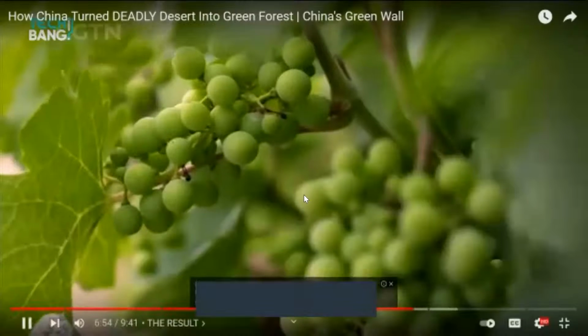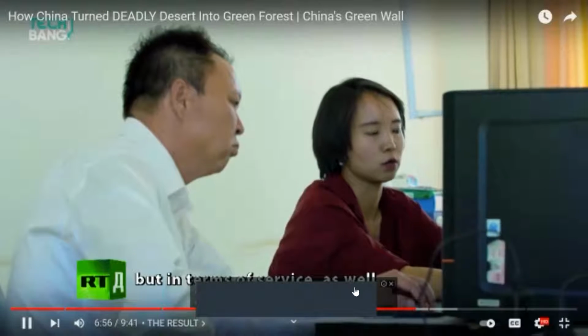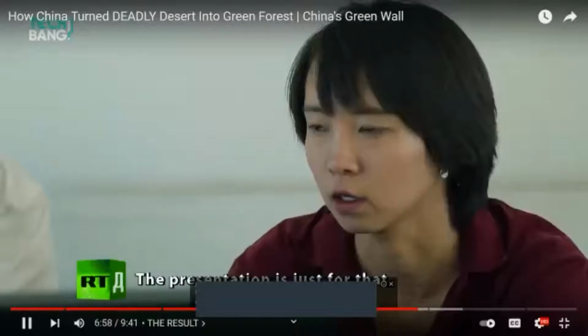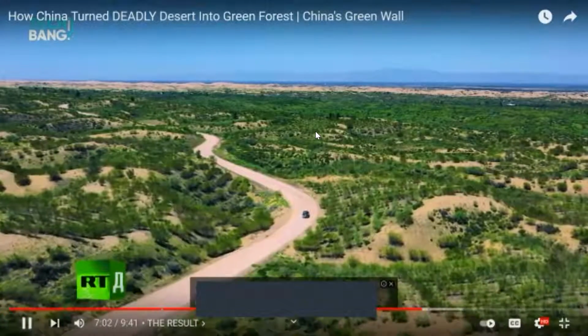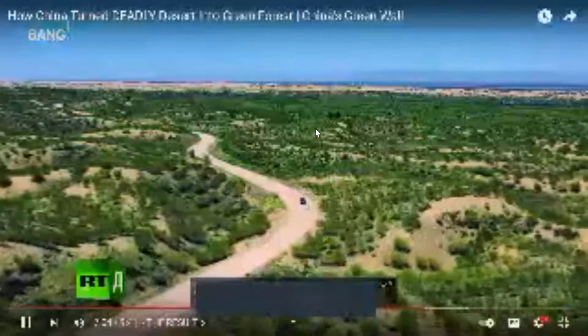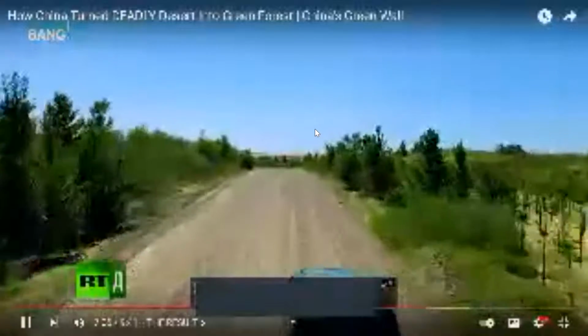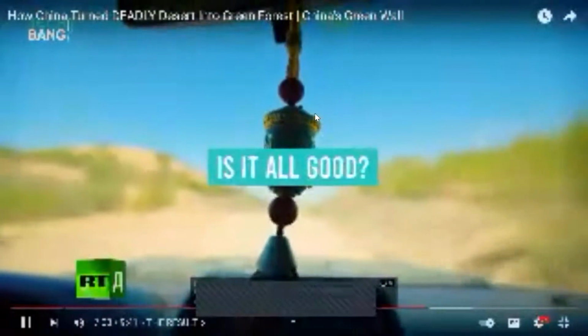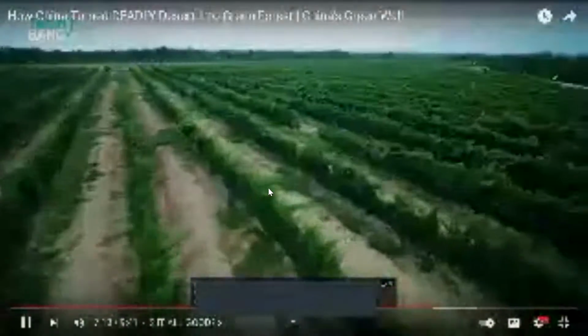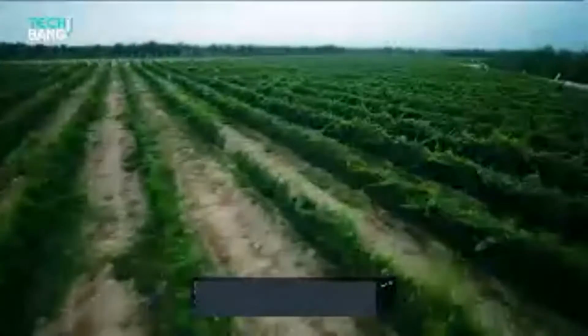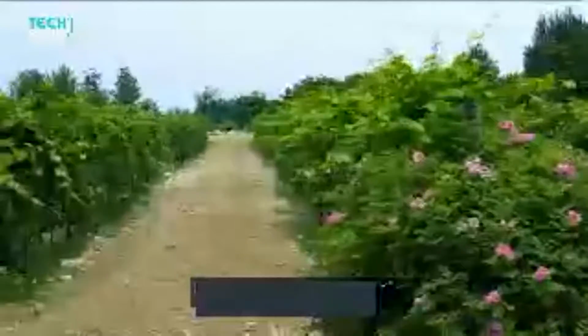At the 2021 National People's Congress, China's leadership committed to new goals to increase the total area of land covered by forests from 23% to 24% by 2025. Is it all good? Although the Great Green Wall project is showing much promise, this doesn't mean it is free from any drawbacks.